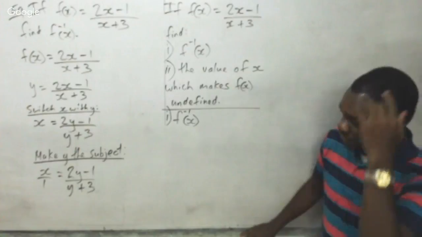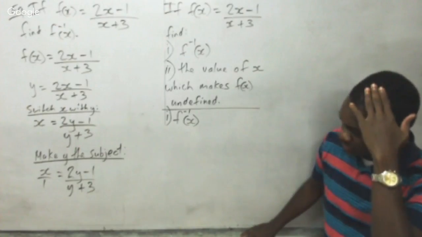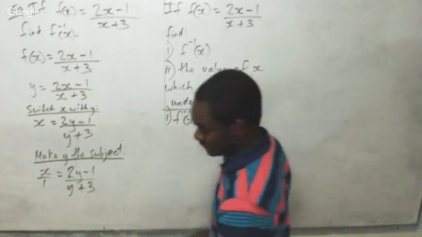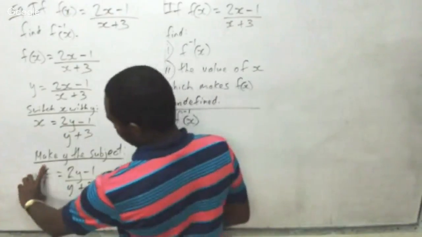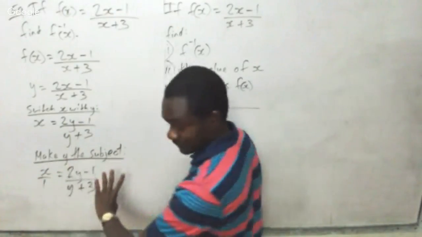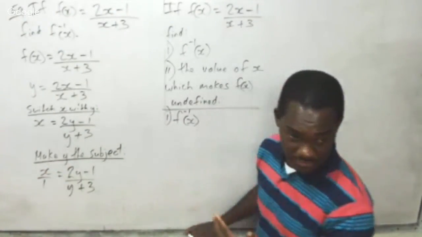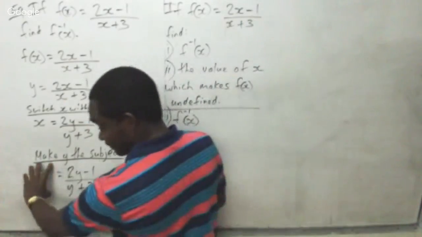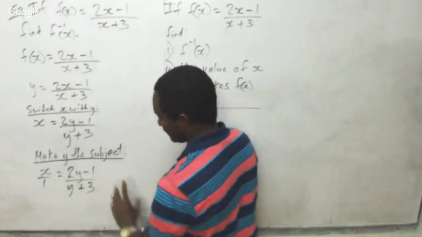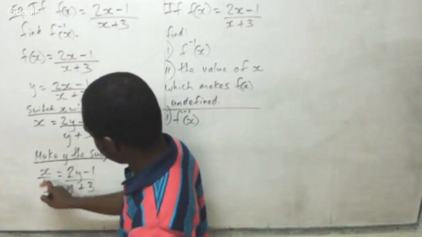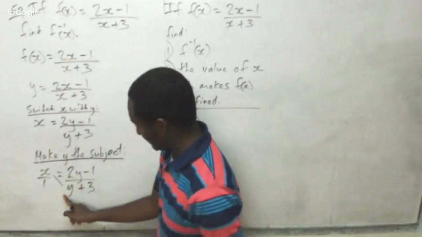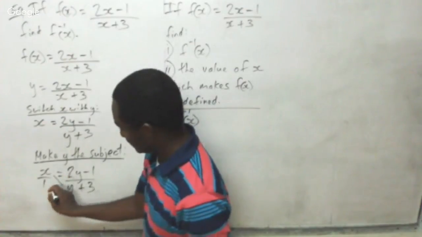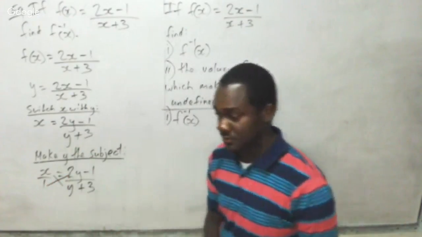A principle which we apply in transposition and solving equations: if we have a fraction equal to another fraction, we can always cross multiply. That is when we multiply this numerator by that denominator and that numerator by this denominator. That's what we call cross multiplication.